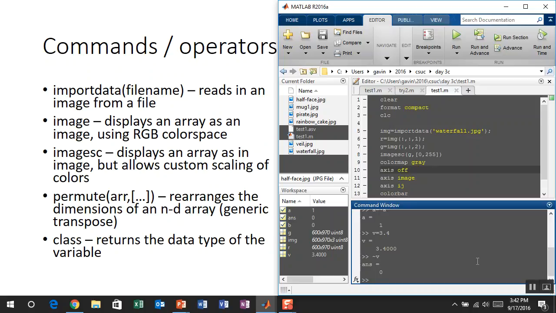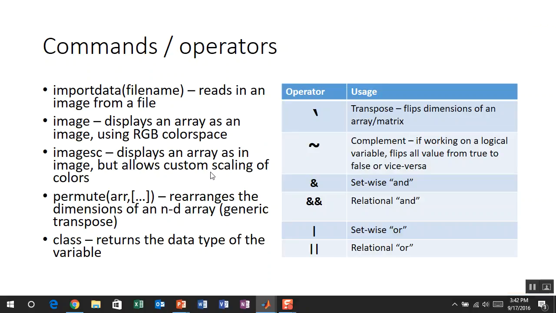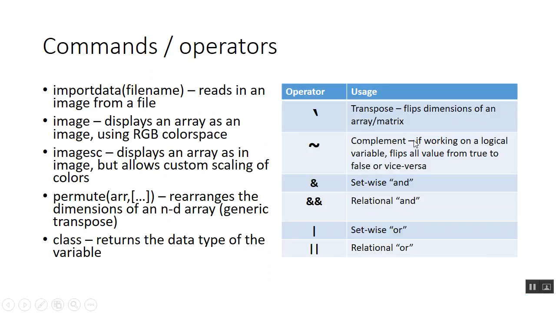It says the complement of V is 0, and the class of ans is logical. So basically, that doesn't do us a heck of a lot of good. But if you stop and think about the representation of a floating point number, there's more than one way to say 3.4. It's just not a good question to ask. I guess MATLAB did have an answer, but not one that really made sense from my point of view. Okay, that was the complement.